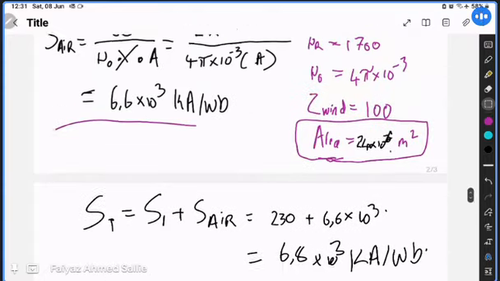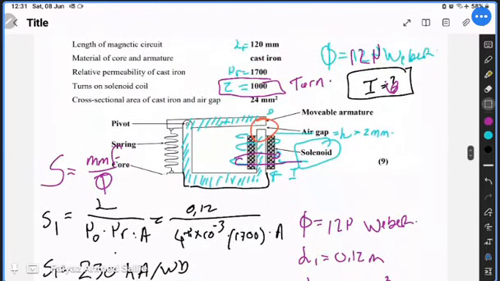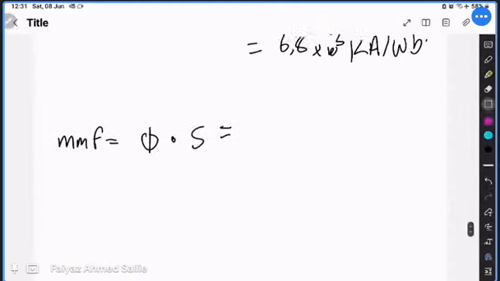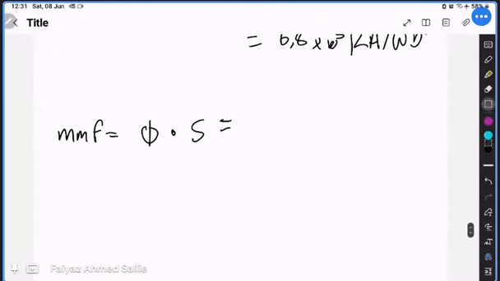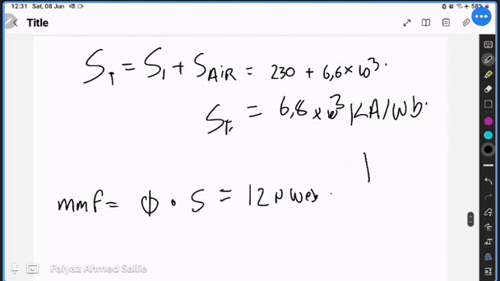The flux is given to us, 12 micro Weber, so we're going to take 12 micro Weber multiplied by the total reluctance, which is 6.8.